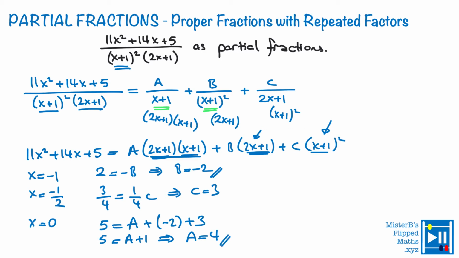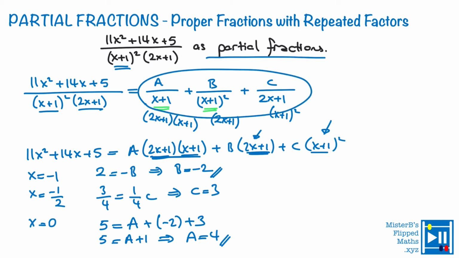Now, if you don't feel like doing all these calculations mentally, you can write these down and then do the calculations. That's totally okay. But this much work is sufficient to collect all the marks in such a question. Now that I've found A, B, and C, I refer to the question. The question asks me to write this fraction as partial fractions, so I have to substitute A, B, and C into this decomposition.